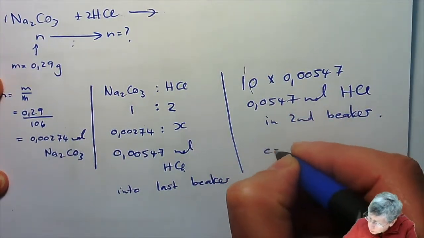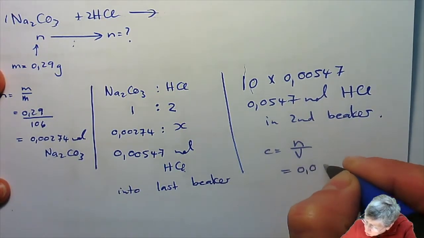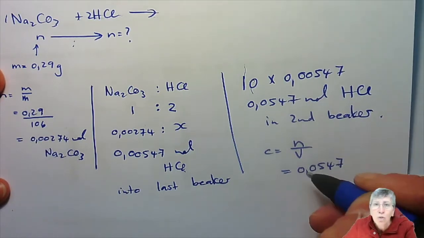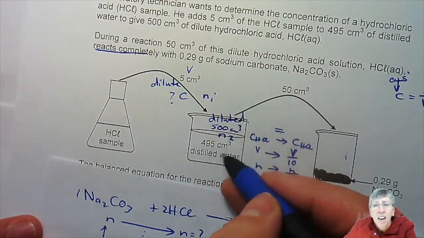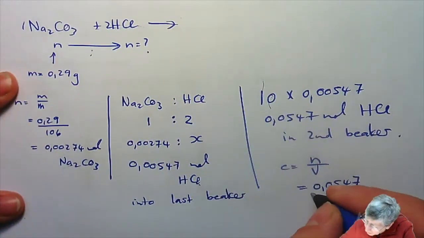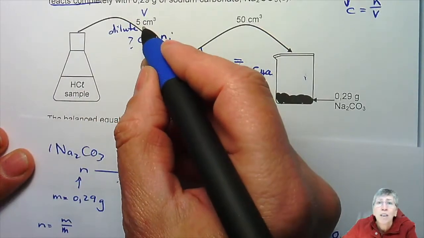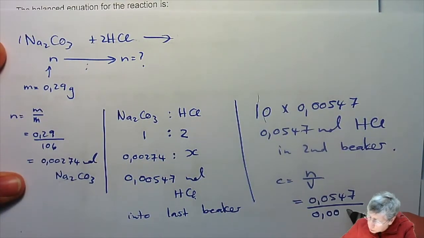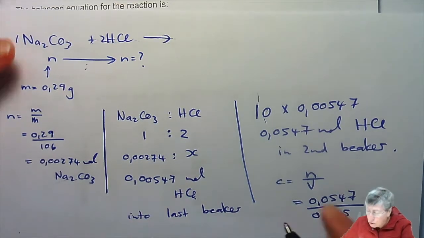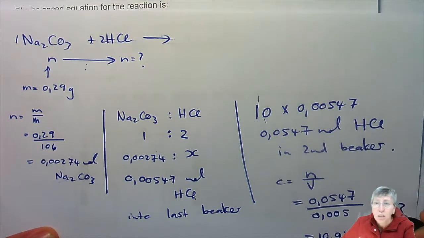So C equals N over V. I know the moles in that second beaker, 0,0547, is also the moles that I put in. The only thing that I added was water, right? And now the volume. The volume that I put in was 5 cube centimeters, so that would be 0,005. And if you do that, you end up with a 10,94 mole per cube decimeter concentration.